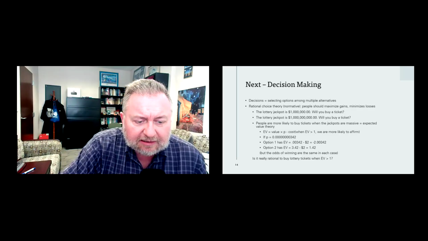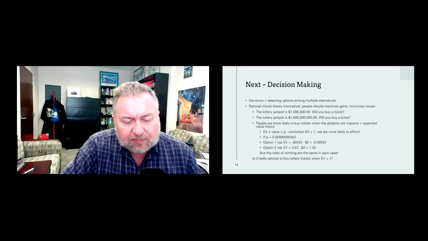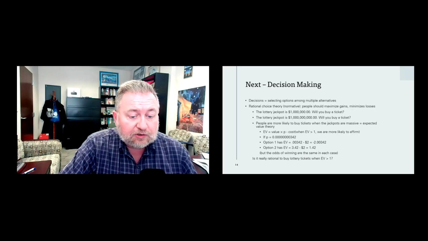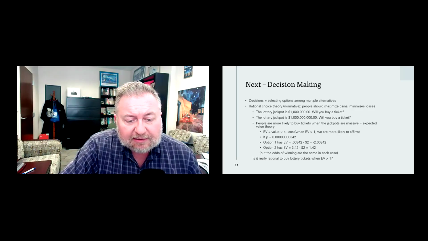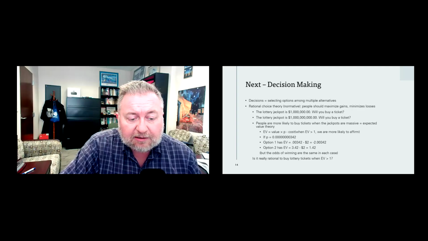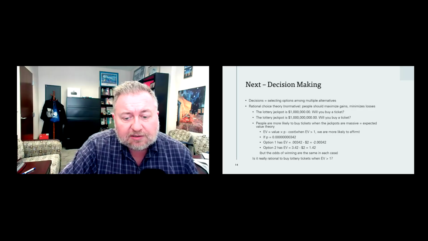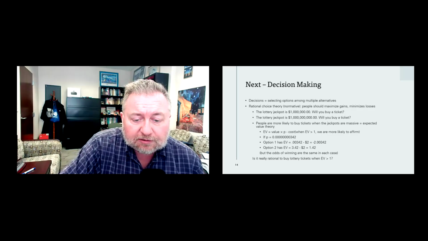So how do we calculate an EV or an expected value? What we're going to do is we're going to multiply the value of our win, right? Which could be the size of the jackpot. We need to multiply that times the probability of actually winning the jackpot, and we have to subtract from that the cost of buying a ticket, which let's say it's $2, right?